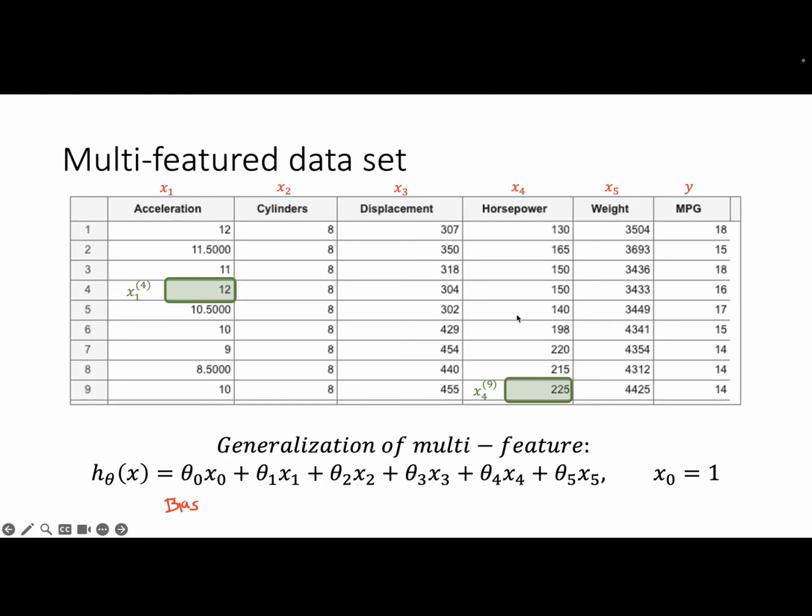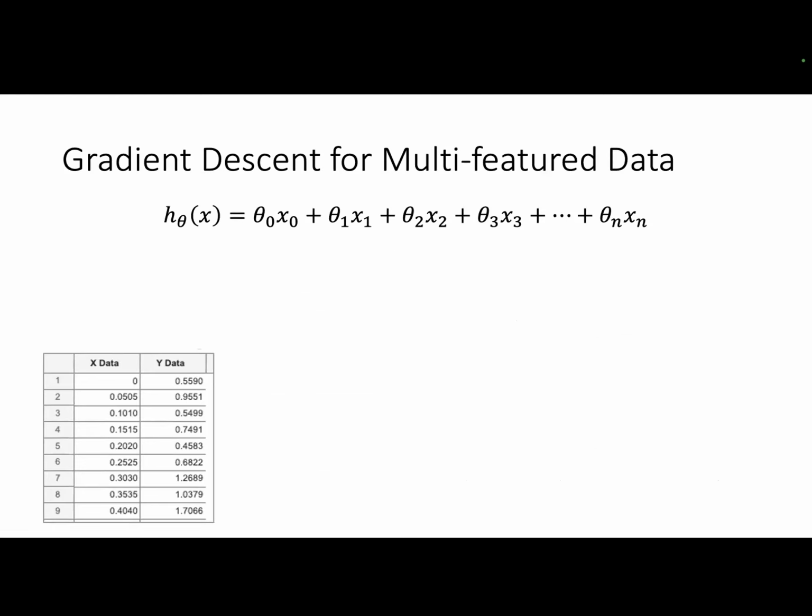Okay. So ngayon, pwede na nating tignan kung ano yung magiging itsura ng gradient descent pag multi-featured na data. So again, we write this hypothesis for n number of rows.